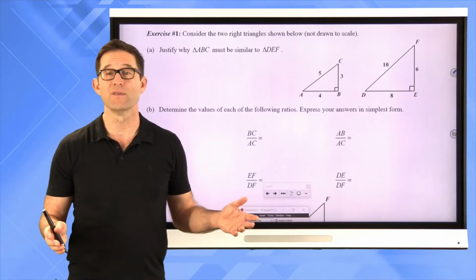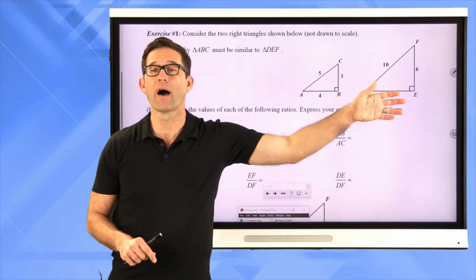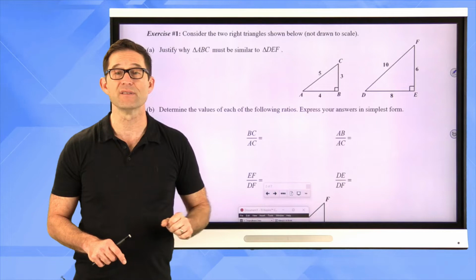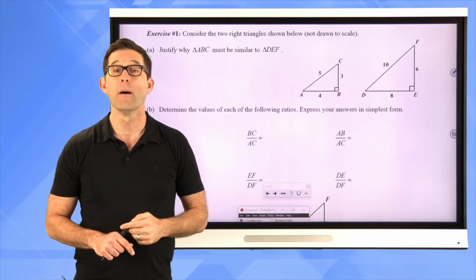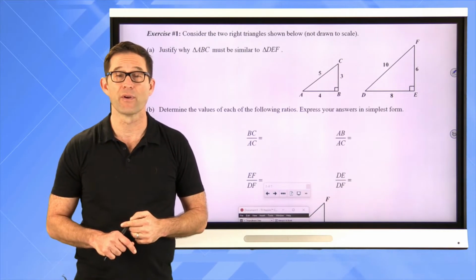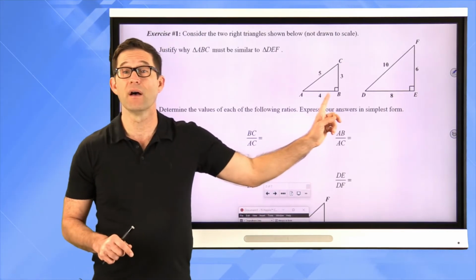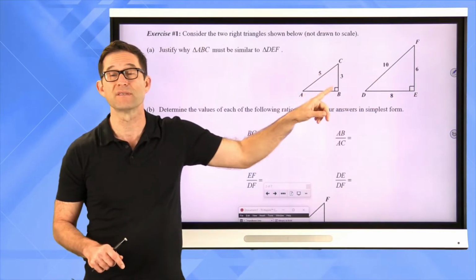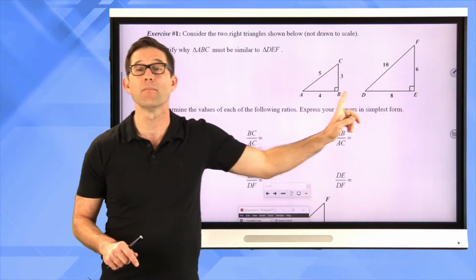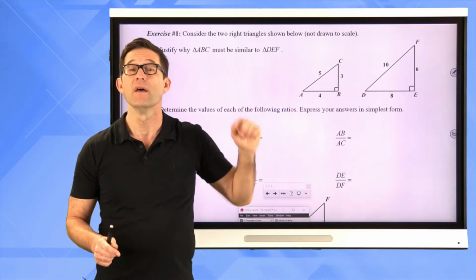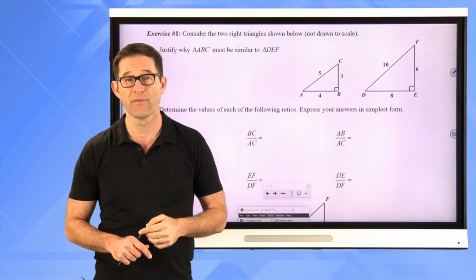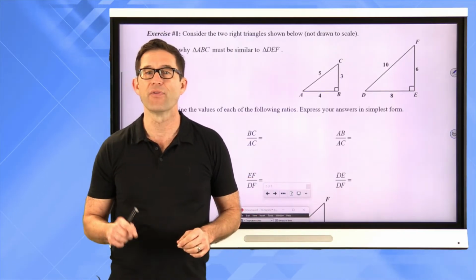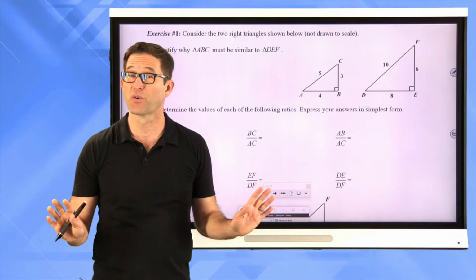Well, one thing that we can see right away is that every side of triangle DEF is simply twice every side length of ABC, and therefore they must be similar by the side-side-side similarity theorem. We could also say that because DE is twice AB, and because FE is twice BC, and because the angles in between them are congruent, i.e. 90-degree angles, they're similar by the side-angle-side theorem. But mostly it's really about that side-side-side theorem for similarity, not for congruence, obviously.